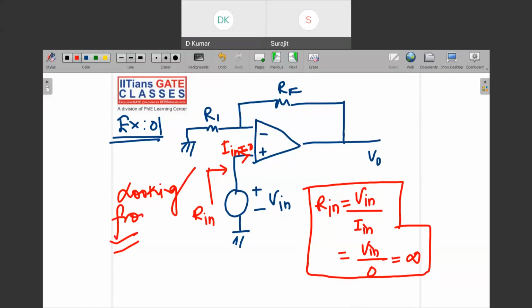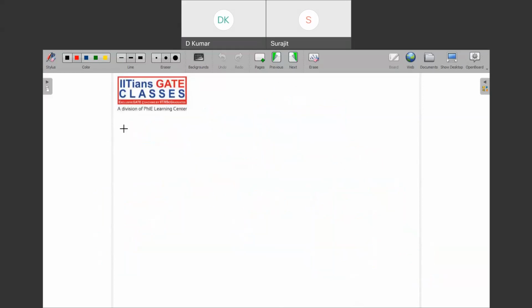Looking from, this phrase is very, very important. From where you look exactly, that is important. Suppose you have to find the output resistance, then you will have to look back into the amplifier, right? This is the first example which I wanted to discuss. So let me take a second example. Draw the circuit with me.